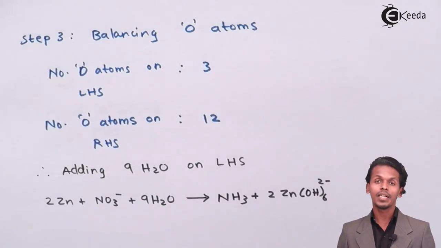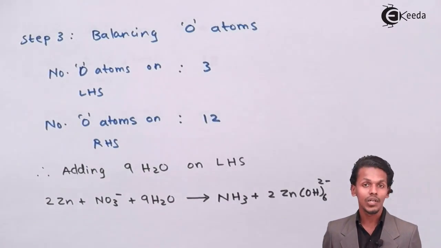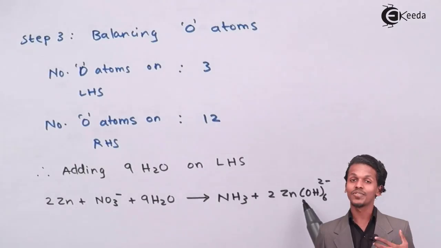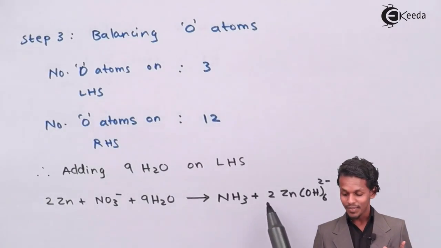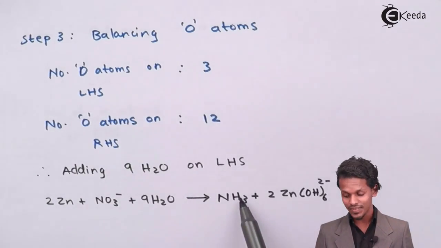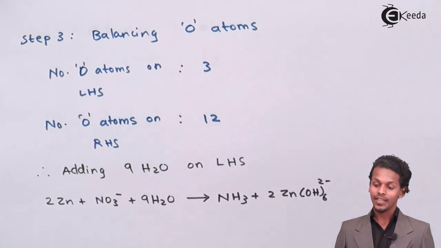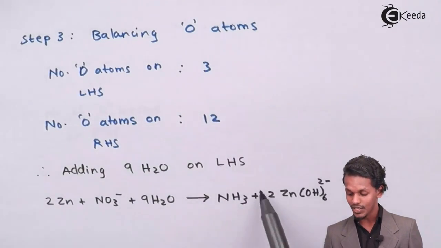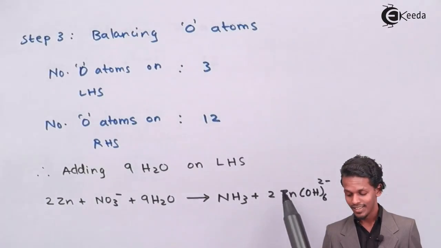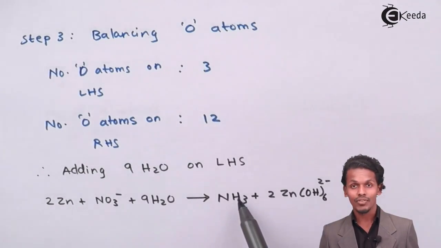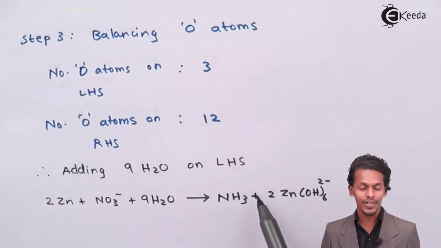So 2 multiplied by 6 is 12. Also, there are 3 hydrogens in the ammonia molecule. So 12 plus 3 makes 15.